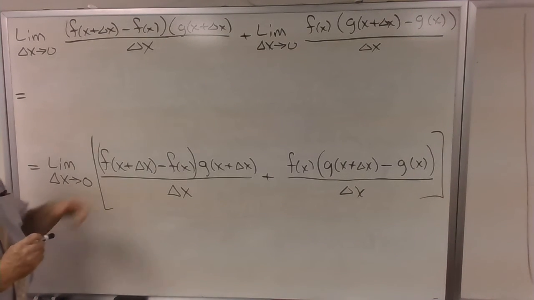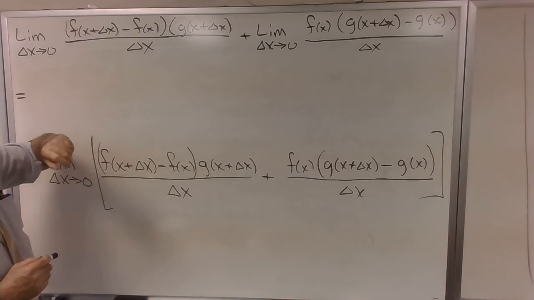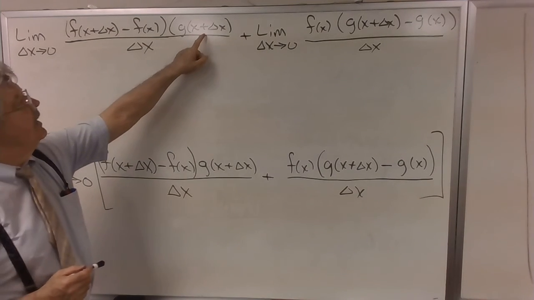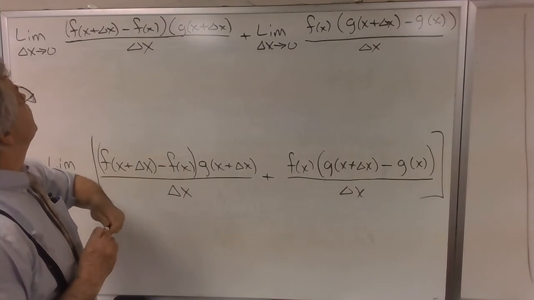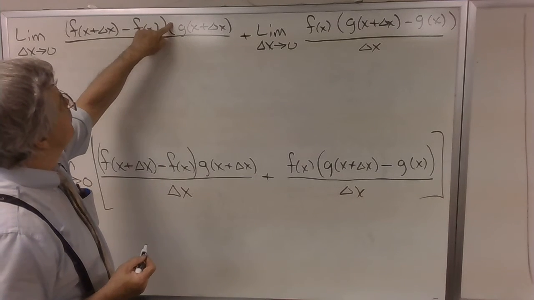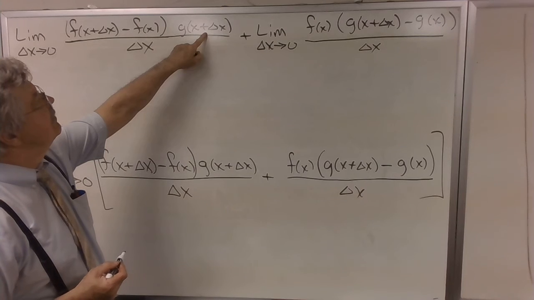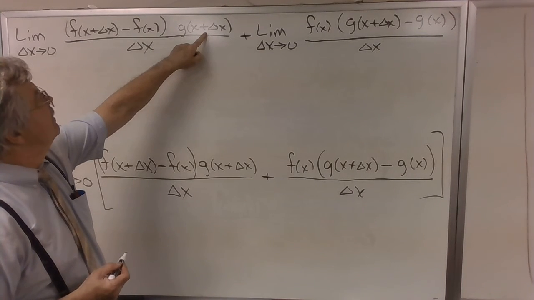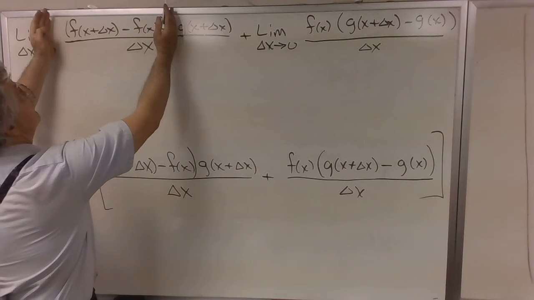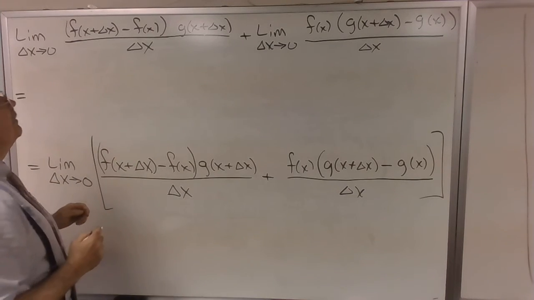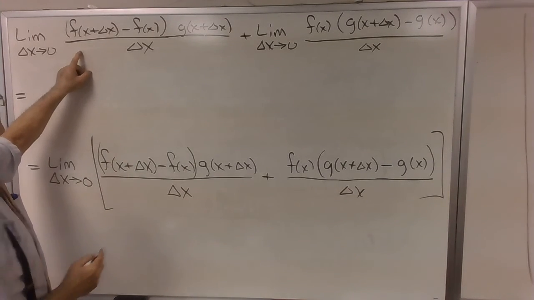Now, this first expression, I can look at this as g of x plus delta x times this whole thing. So I have the limit of a product here.